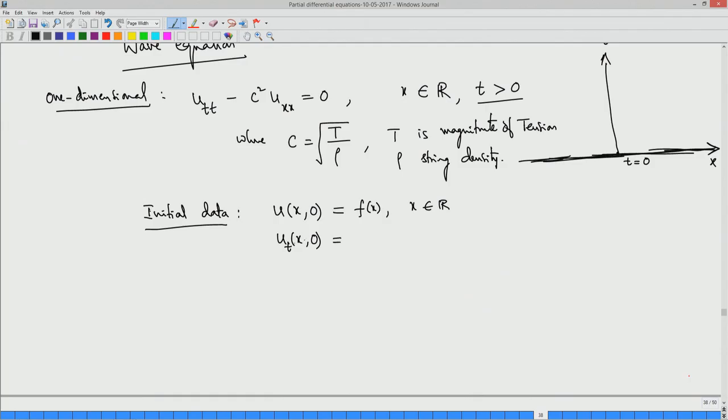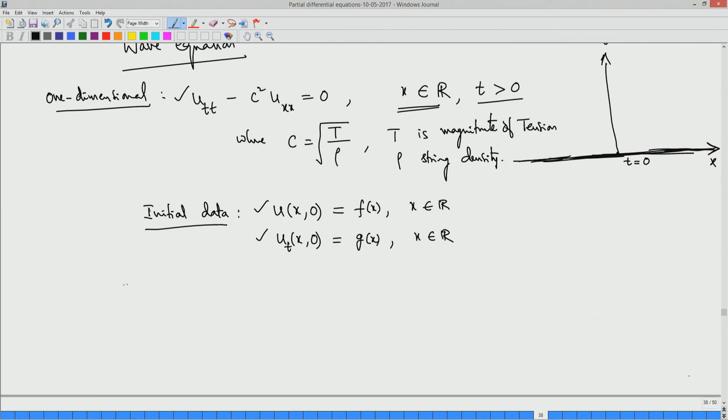I am calling it the velocity at t equal to 0, and it is some given function g(x) at every point of the infinite string. So basically you start with this domain, x in the full real axis. If this is your domain, we have to solve this equation with this initial data. So we will try to solve this.